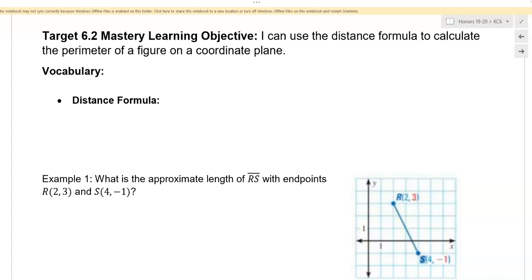So we need to know what the distance formula is, and we're going to write down this formula. You will never actually memorize it or use it probably in the way it looks.